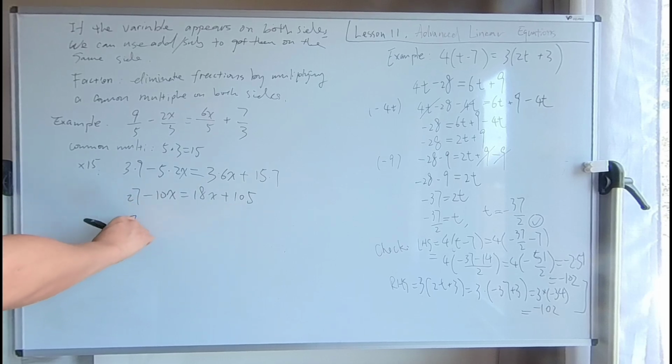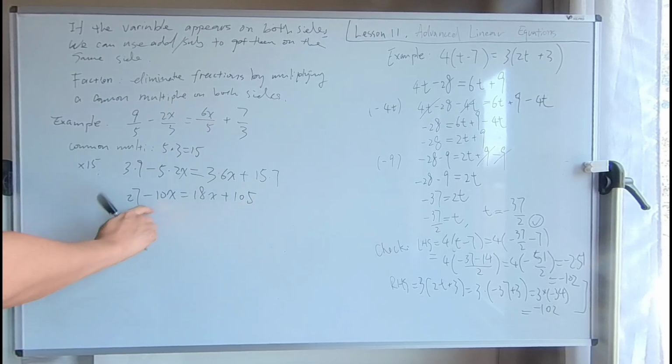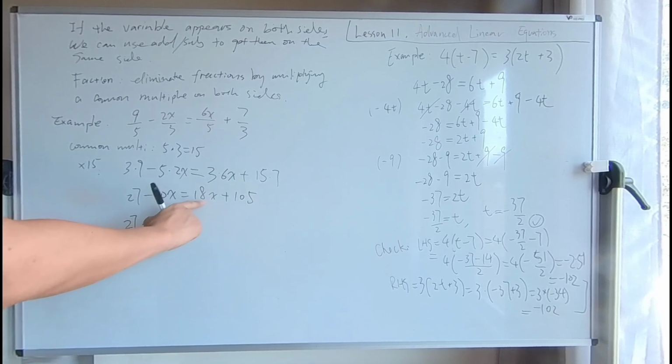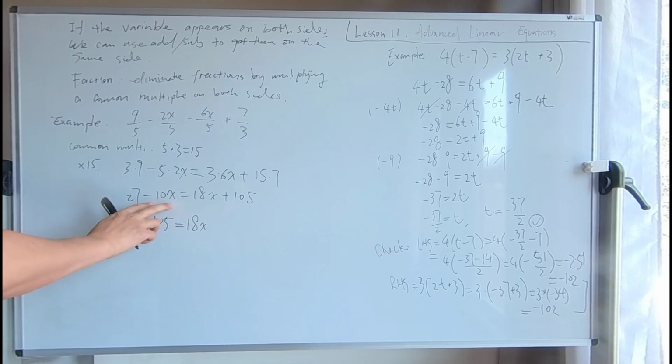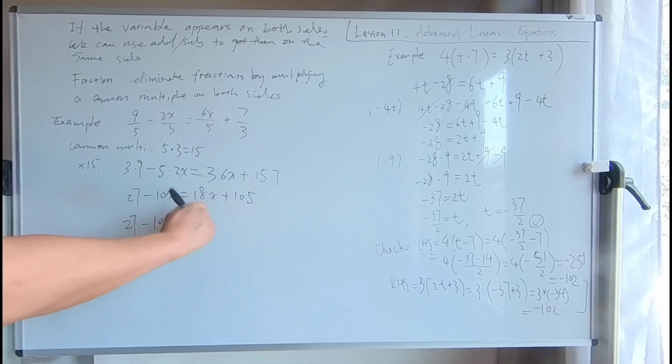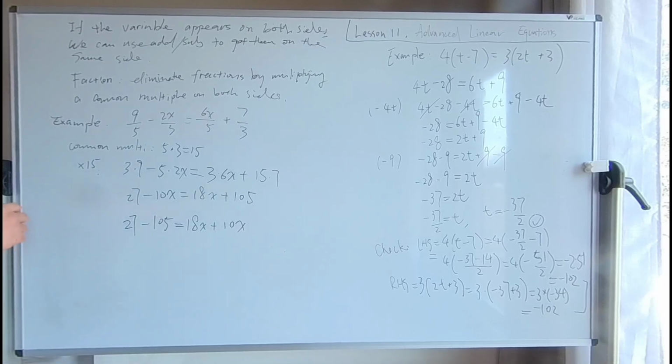So 27 has no change. This 105 will be moved over here, so it changes sign and becomes minus 105. Similarly, 18x stays the same, but this minus 10x will be moved over here and becomes plus 10x.